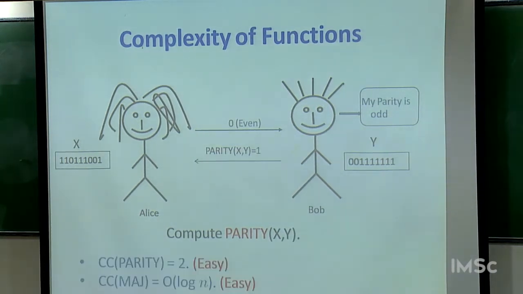So this just takes 2 bits. So parity is very easy. We can do much better than the trivial protocol. And if you think about it, in fact, majority, or for that matter, any symmetric function, can be computed in order log n bits, because all you need to know is how many ones the joint input of Alice and Bob has, right?